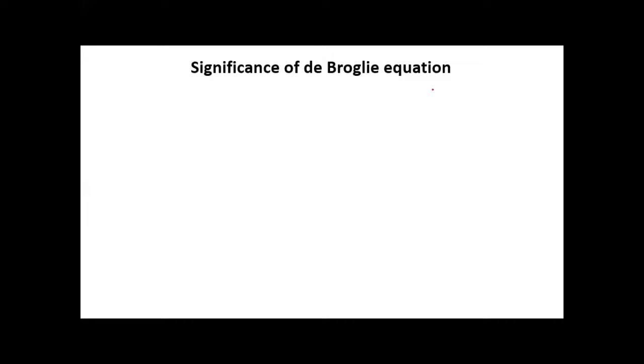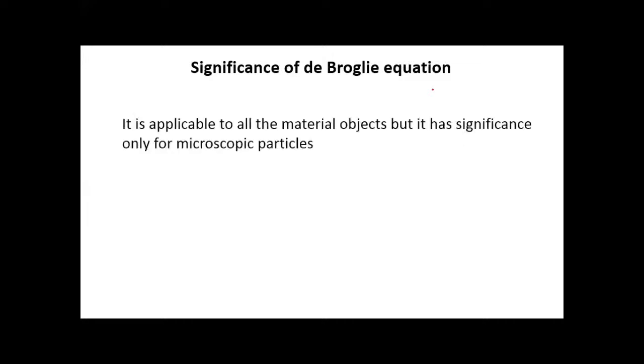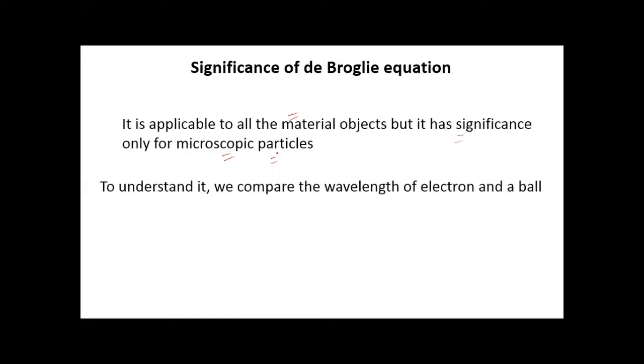Now here we will discuss the significance of de Broglie's equation. It is applicable to all material objects, but it has significance only for microscopic particles. To understand it, we compare the wavelength of an electron and a ball.